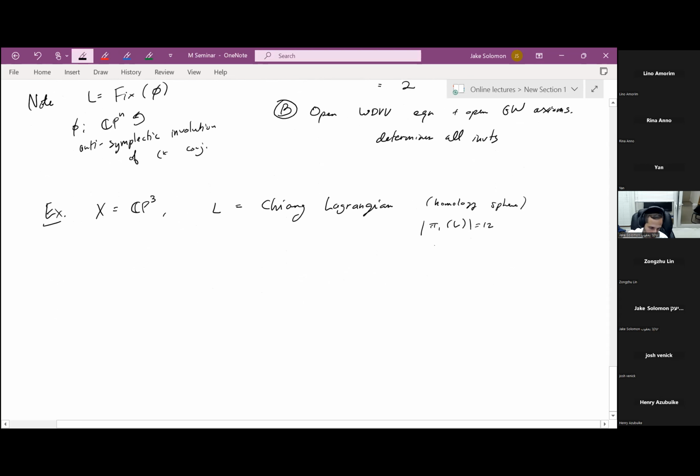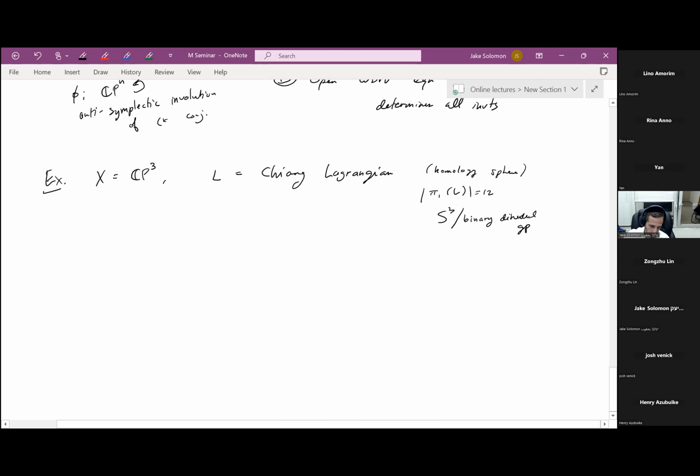It's the quotient of S3 divided by the binary dihedral group or something like that of order 6.